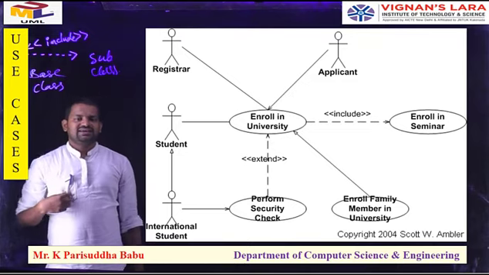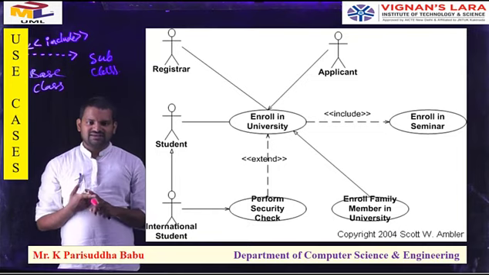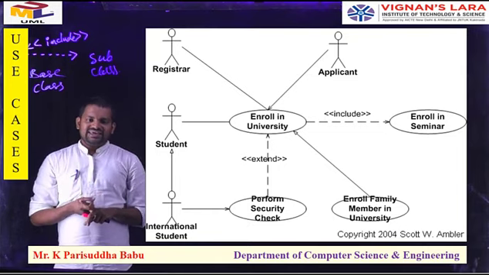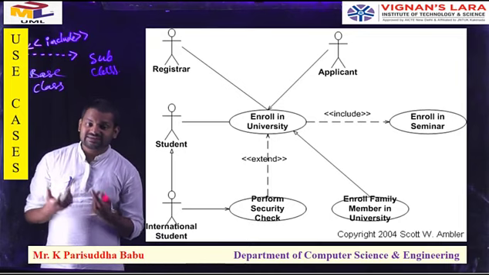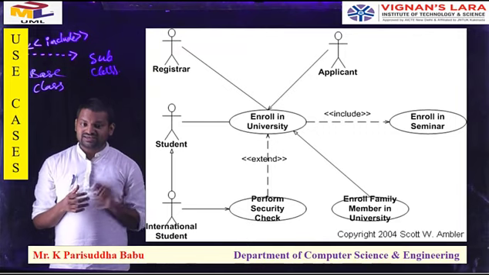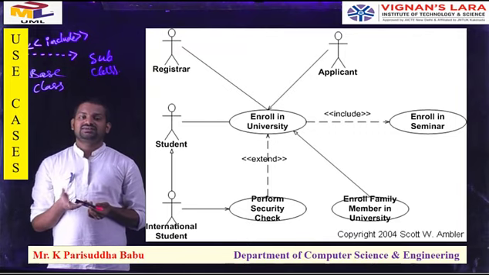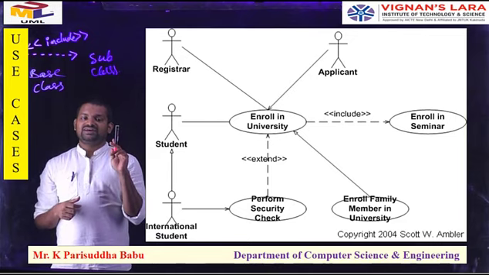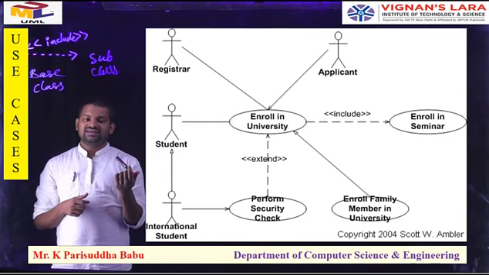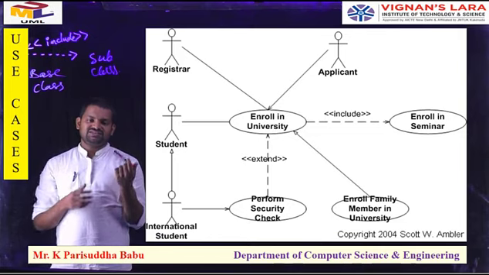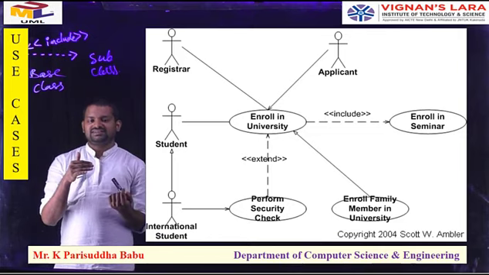Registrar, actor; applicant, actor; student, actor; international student, also one actor. So what is the relation between the student and international student? At the leftmost side, student is the parent and international student is the subclass, a generalization relation between the student and international actor.